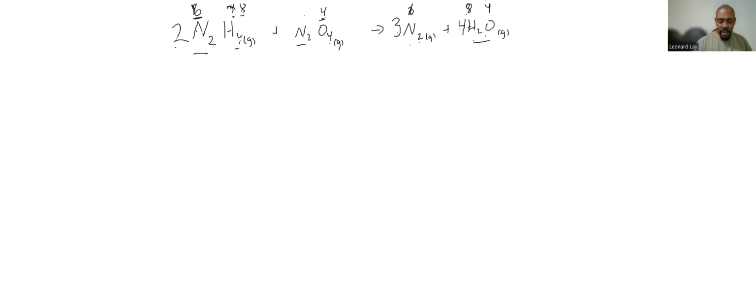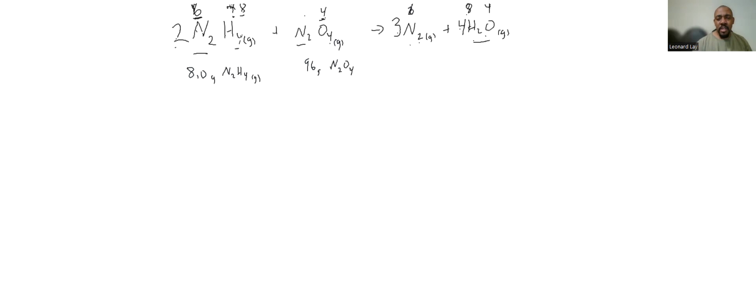Now, what we're given is that we start off with 8.0 grams of the hydrazine. And we start off with 96 grams of the dinitrogen tetroxide.